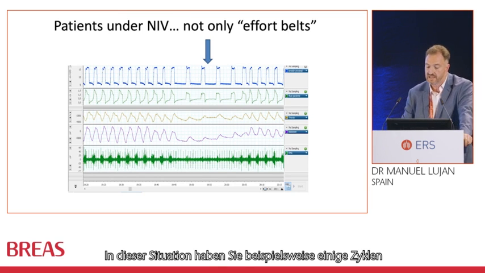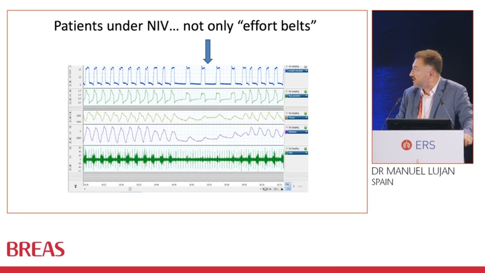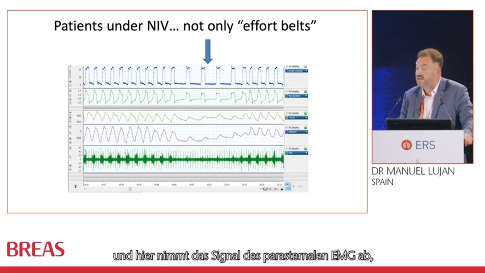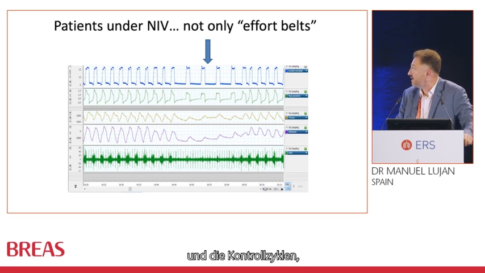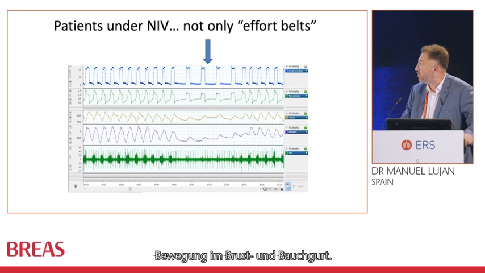For example, in this situation, you have some cycles with effort measured by parasternal EMG, and here the signal of the parasternal EMG decreases, and the controlled cycles corresponding to backup frequency appear with movement in the thoracic and abdominal belts.